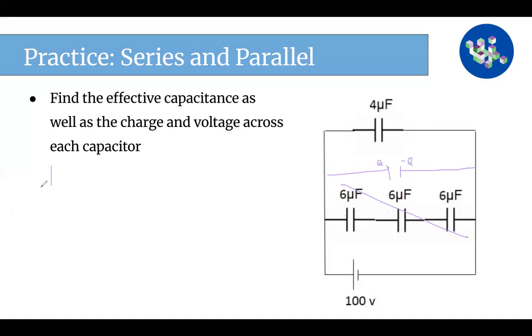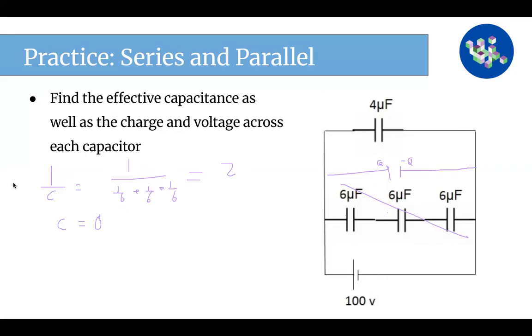So 1 over C would be equal to 1 over 6 plus 1 over 6 plus 1 over 6, and you'll find that equals 2.